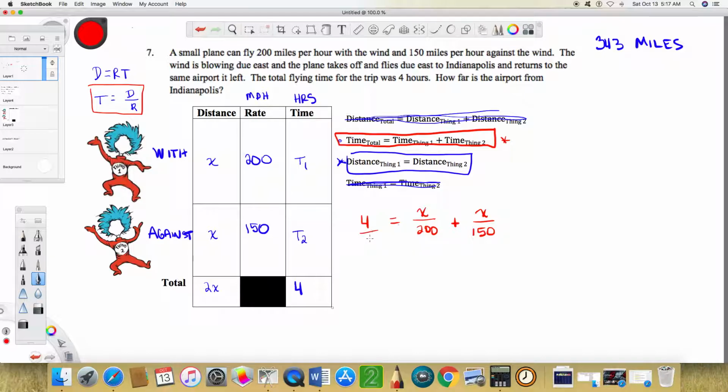So if I get a denominator of 600, that would be a common denominator.